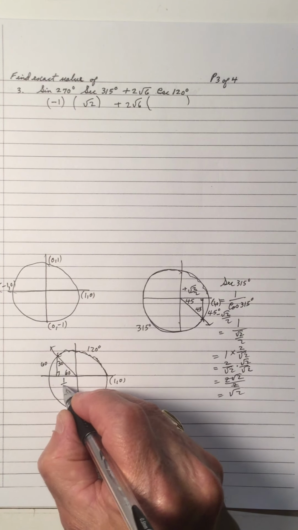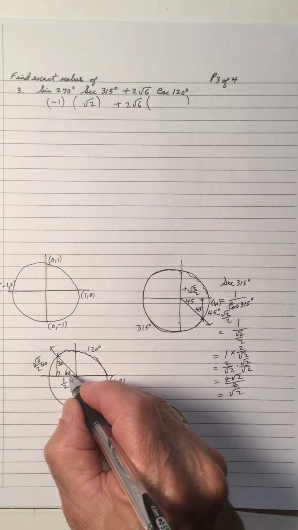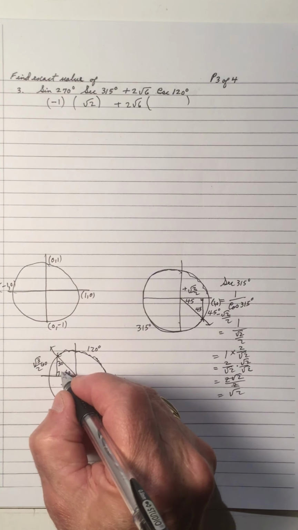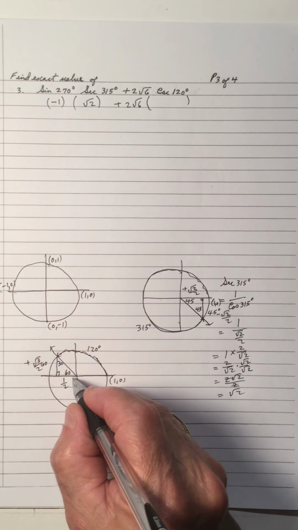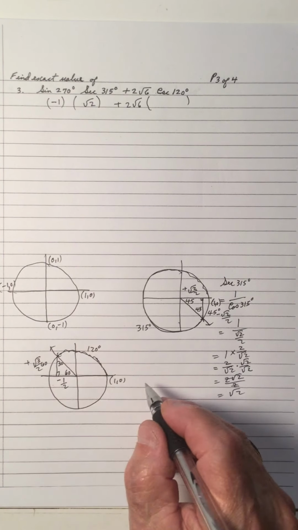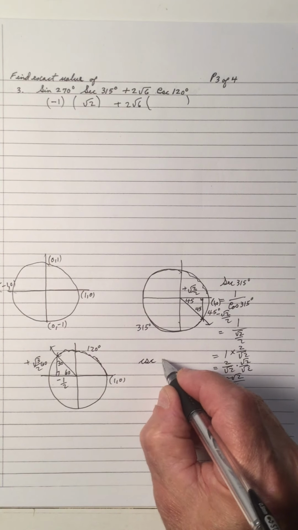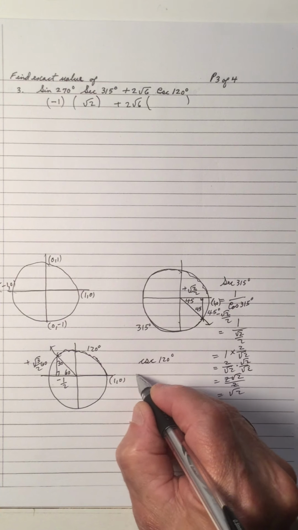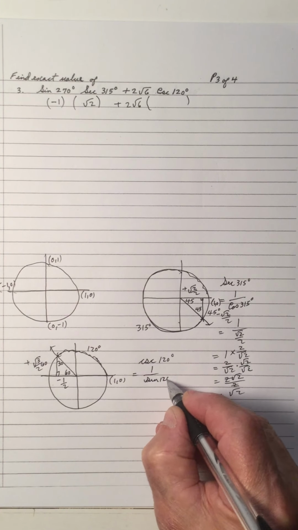Opposite 30 is a half. Opposite 60 is root 3 over 2. And this is the y going up. So the y is positive, and the x is negative. And we want the cosecant. So the cosecant of 120 is 1 over the sine of 120.